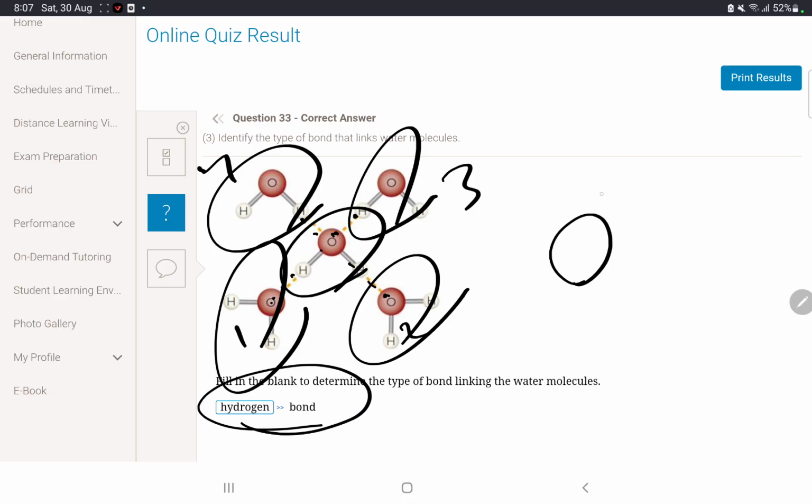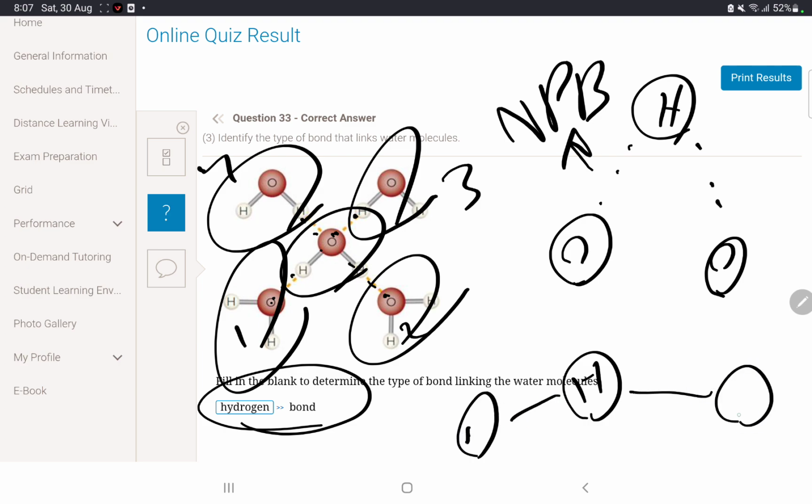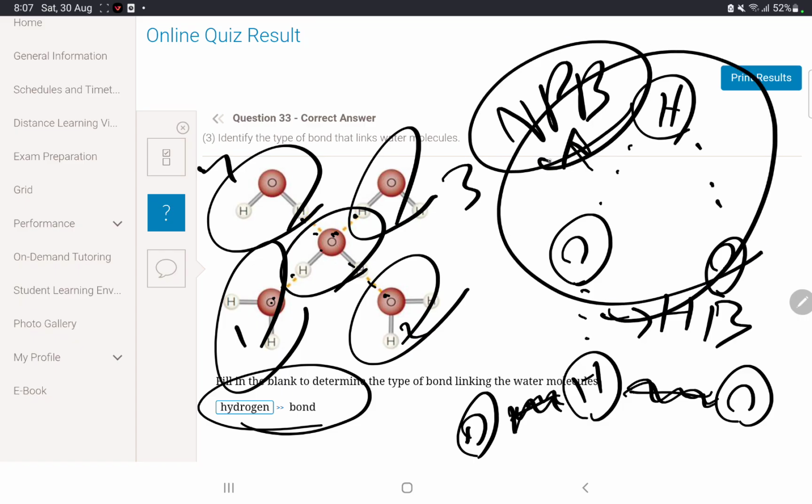If I told you this, then this would be a non-polar bond. Oh wait, sorry. These are non-polar bonds. Sorry, this is a hydrogen bond. Please don't get confused, guys. So same water molecule, non-polar covalent bond; different water molecules, hydrogen bond.